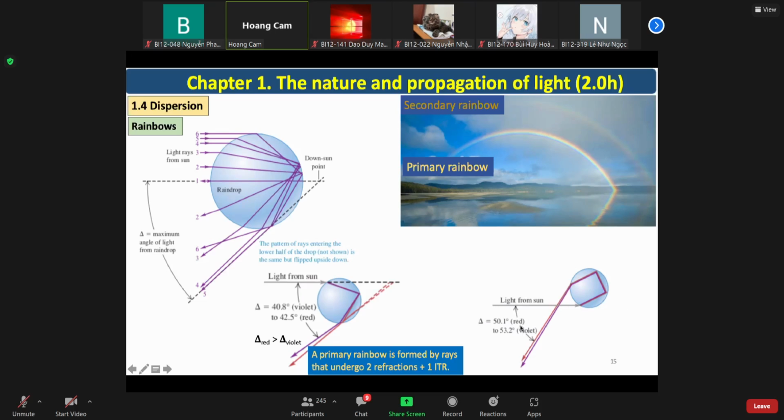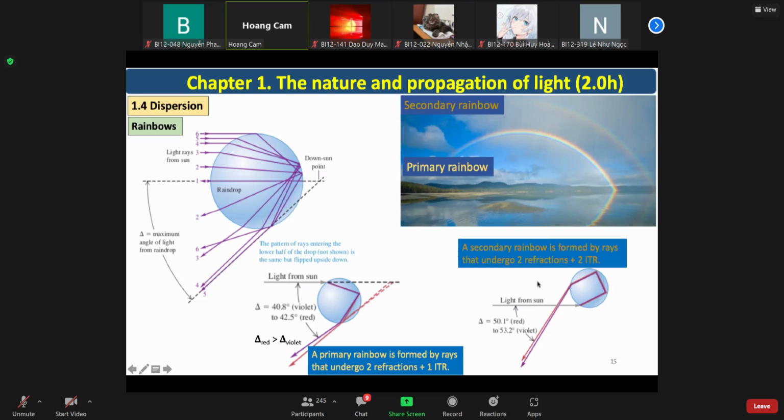The angle for the red in this case is 50.1 degrees, which is smaller than the violet one. So that's why for the secondary rainbow we observe the red and then the violet in the outer part. A secondary rainbow is formed by rays that undergo 2 refractions and 2 total internal reflections.